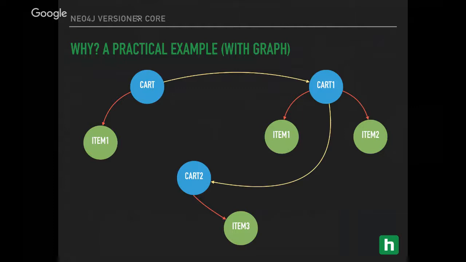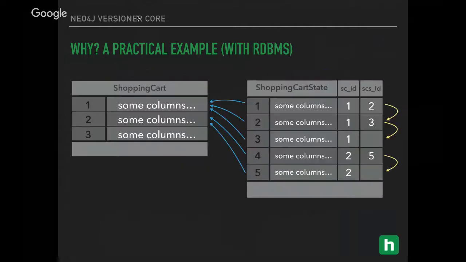Yes, of course. And we switched to tables, and of course it's a really simple example. We have the shopping cart with some columns and an ID. And we also have a shopping cart state. So we switched the items to a particular state, because the state is something like a snapshot of the current cart.